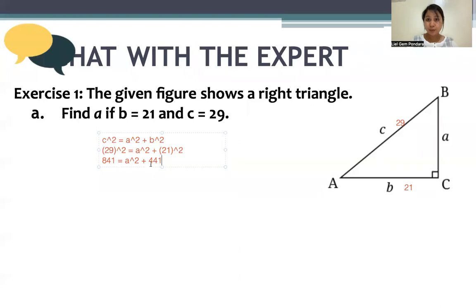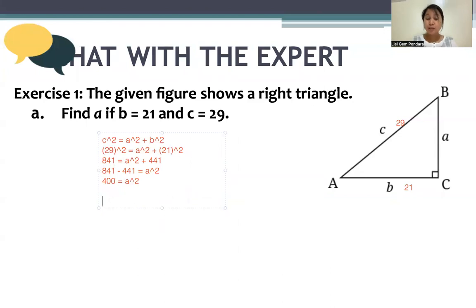Now we transfer 441 to the other side. So we have 841 minus 441 is equal to A squared. We are left with 400 is equal to A squared.